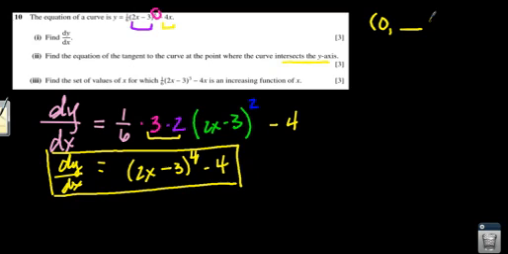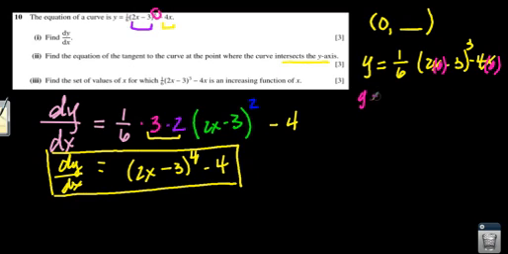So the first thing I'm going to do is find the y-coordinate when x is 0. I'm just rewriting the equation. Everywhere I have an x, I'm going to replace it with a 0.